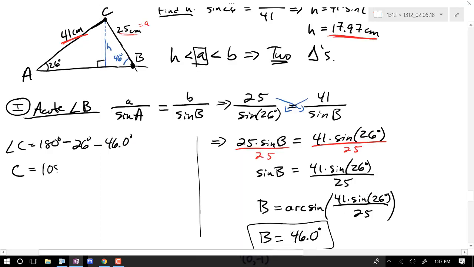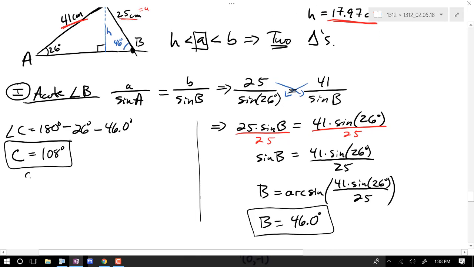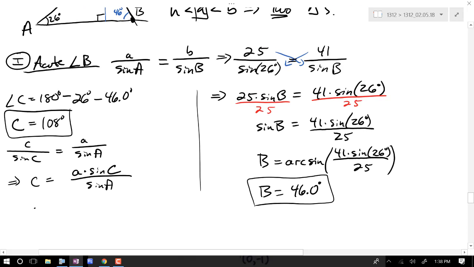And now that we have that angle, we can use law of sines one more time to get side C. So C over sine C is equal to A over sine A. This means that C is equal to A times sine of C divided by sine of A. And then I'll just throw in the numbers here, 25 times.